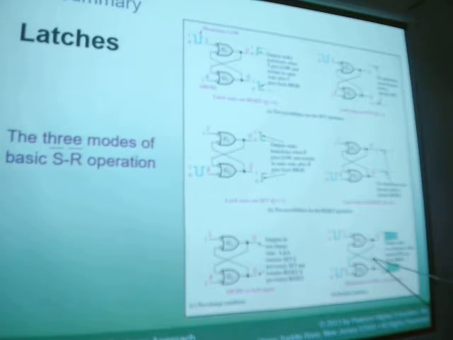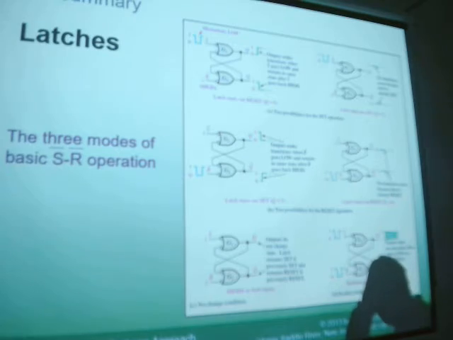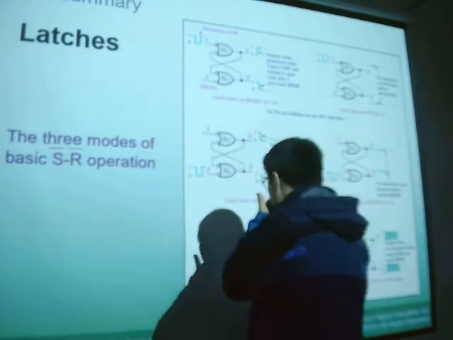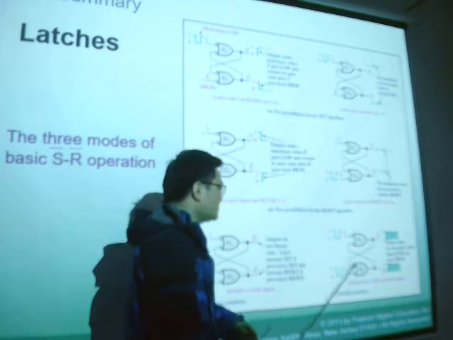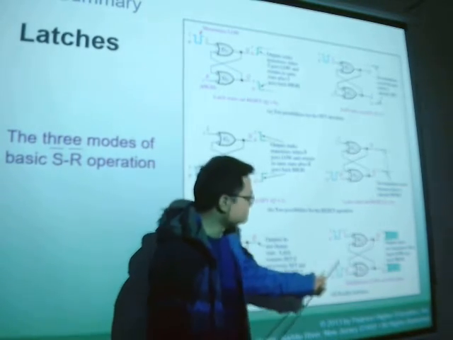But when they go back from 0 to 1, S bar goes from 0 to 1 and R bar goes from 0 to 1, then the output will be uncertain. We don't know if it is high or low.